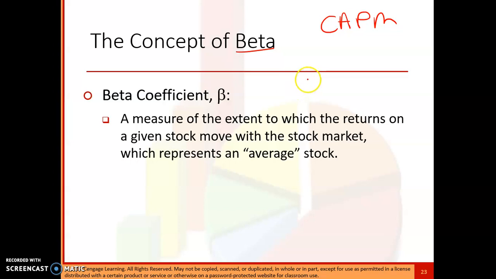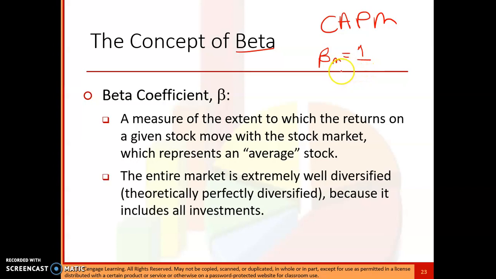Just for note, the beta of the market is 1. And so if the beta is greater than 1, the stock is more volatile than the market. If the beta is less than 1, it's less volatile than the market. So, a fairly simple concept.